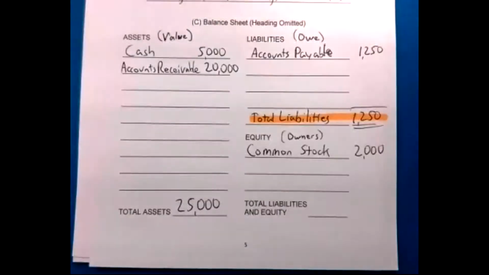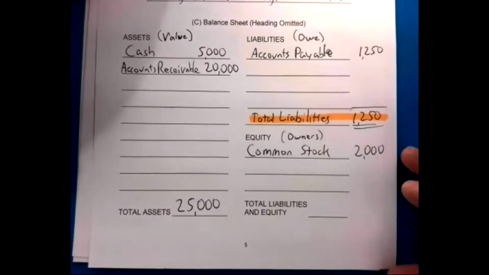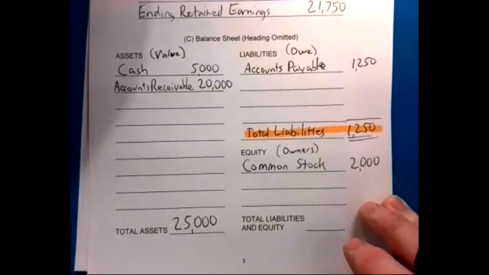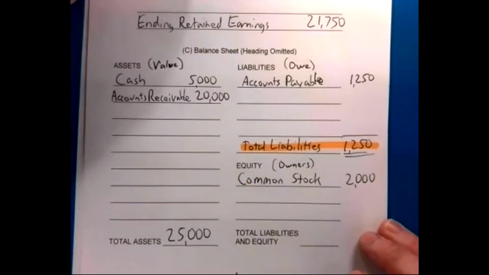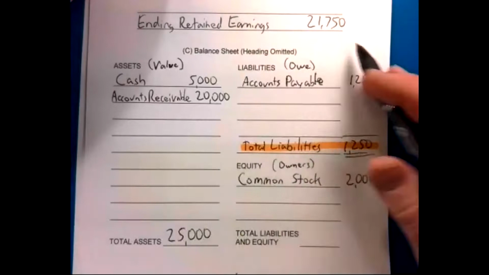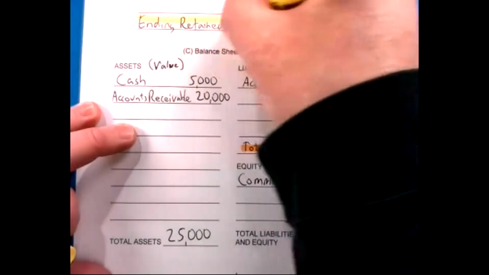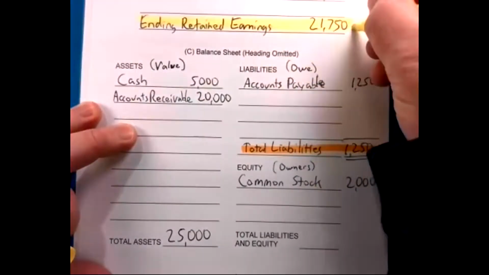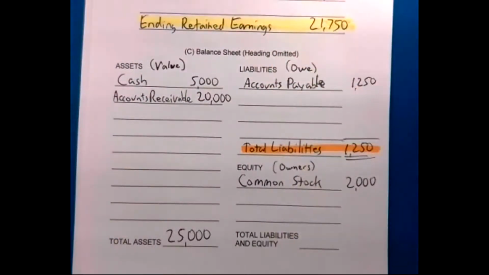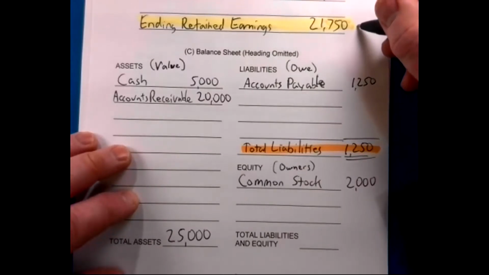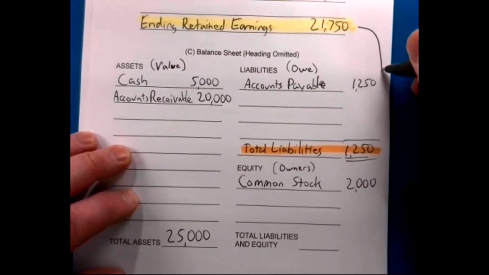All right. So the owners have their account that they said we paid in $2,000 into this place. However, they also have their piggy bank, their retained earnings. This is money that also is the owner's money. This will come down here.